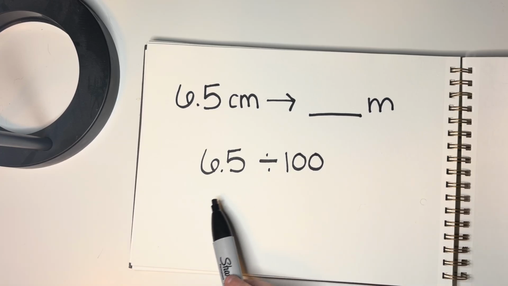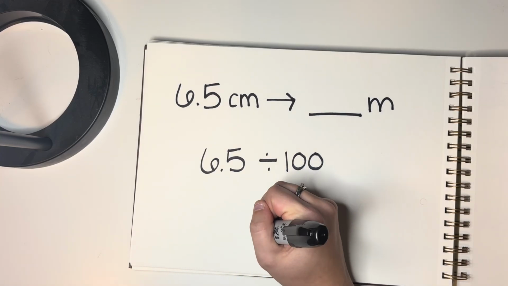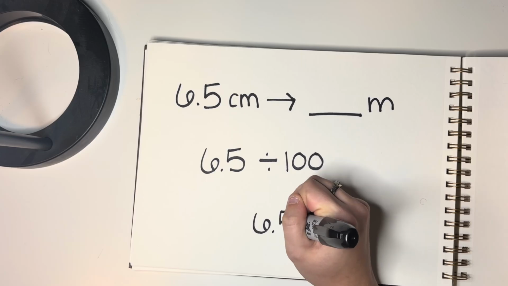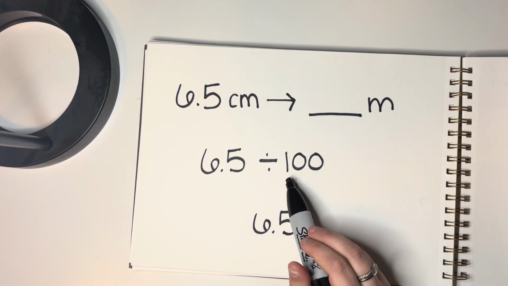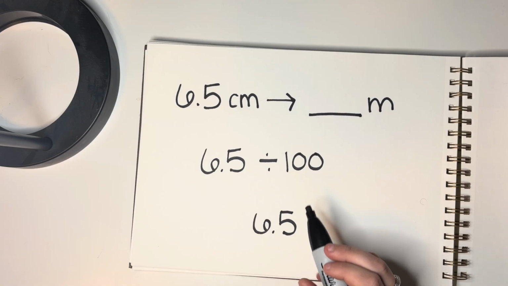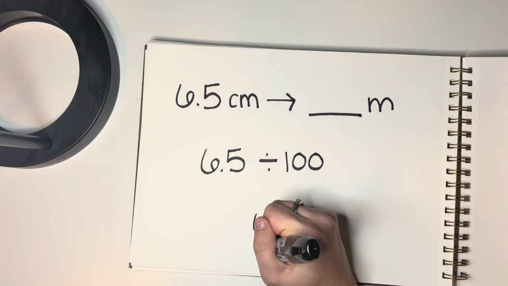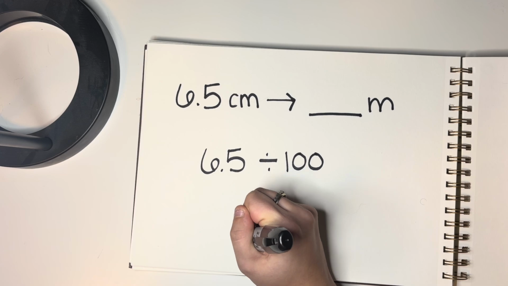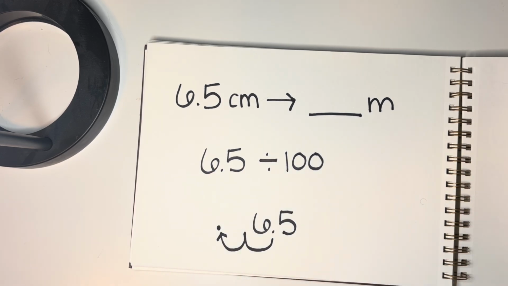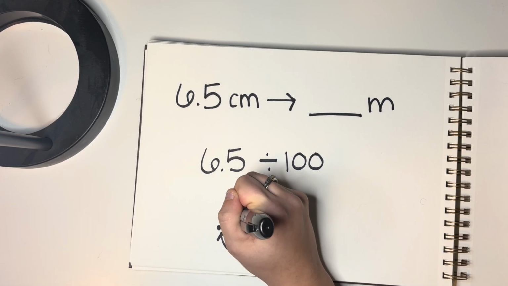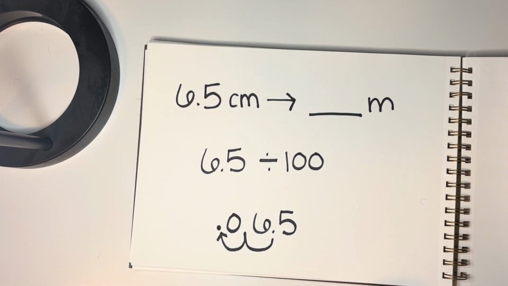We're going to move 2 place values to the left with our decimal, and I'm going to show you how you would do that. So I'm taking my 6 5/10. I'm dividing, so my decimal is going to move to the left, and I'm dividing by 100. So my decimal is going to move to the left twice. So I'm going to go once, and I'm going to move my decimal twice. And this is where my new decimal will be. And any time that there are some empty places when we're moving our decimal, that gets replaced or filled in with a 0.